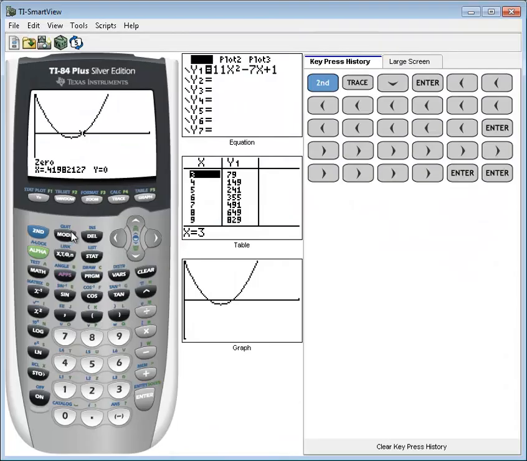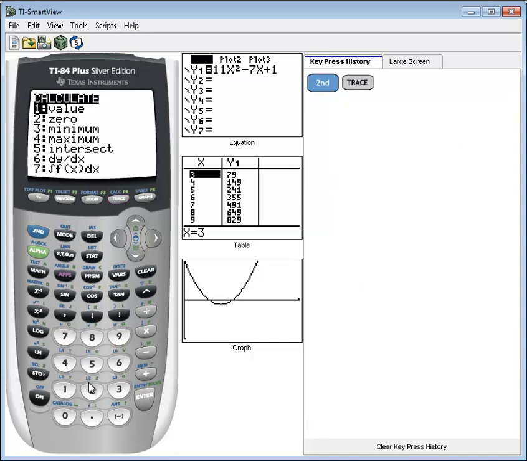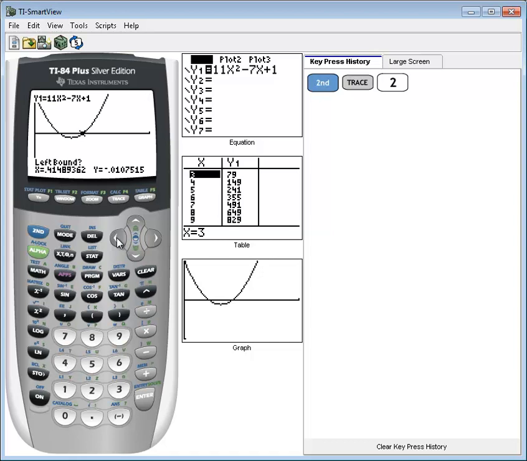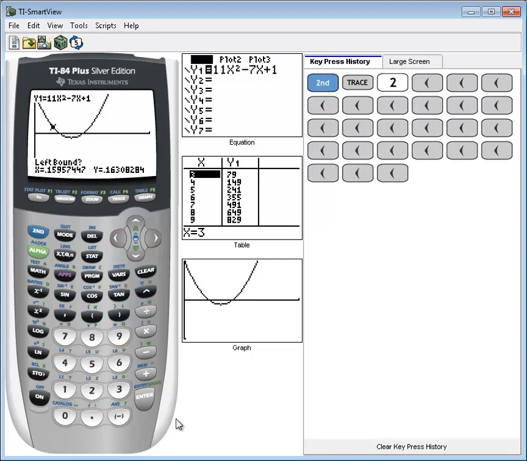Go back to Smart View and the calculator emulator and find the next one. So we got to do that all over again. So go second calc, 2 for 0, and we're looking for the left bound. So we have to get to the left of that point, and this time that's above the graph.